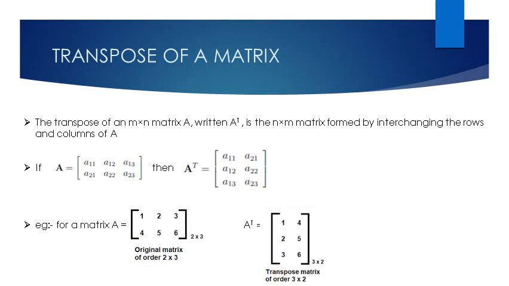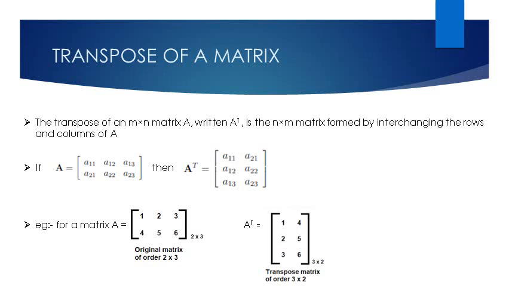Okay, see the example. If A is given as A11, A12, A13, A21, A22, A23, then what do you have to do for its transpose? You have to make the entire first row the first column. In the matrix A, A11, A12, A13 is the row, but after transposing you will get A11, A12, A13 in the column, that is in the vertical way.